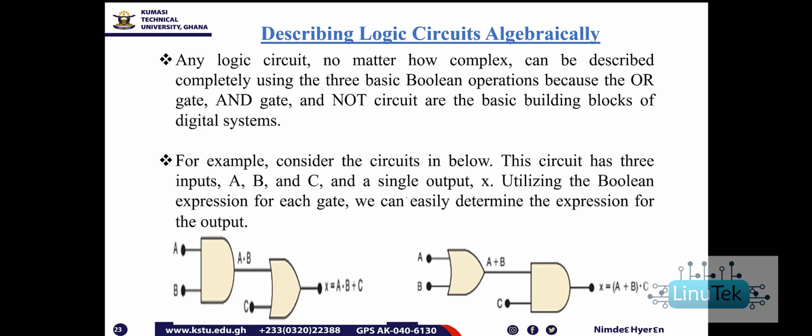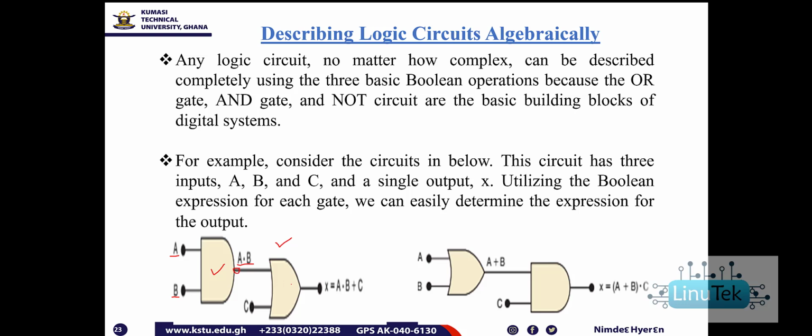These are the basic building blocks of any digital system. So for example, in this first diagram, we have input A and input B, and this is an AND gate. So its output is A and B.